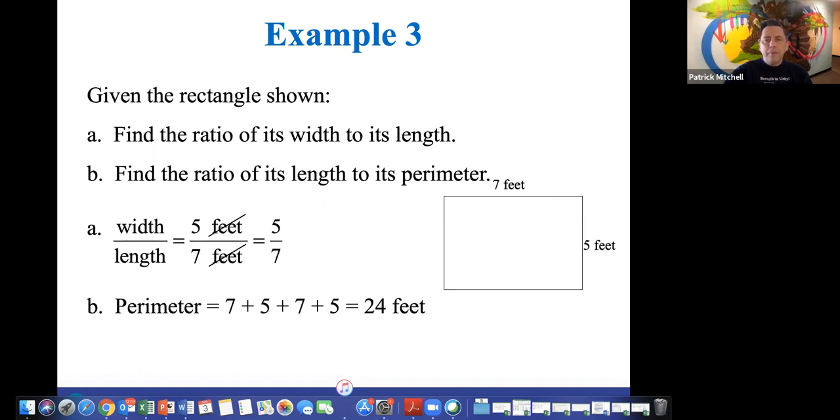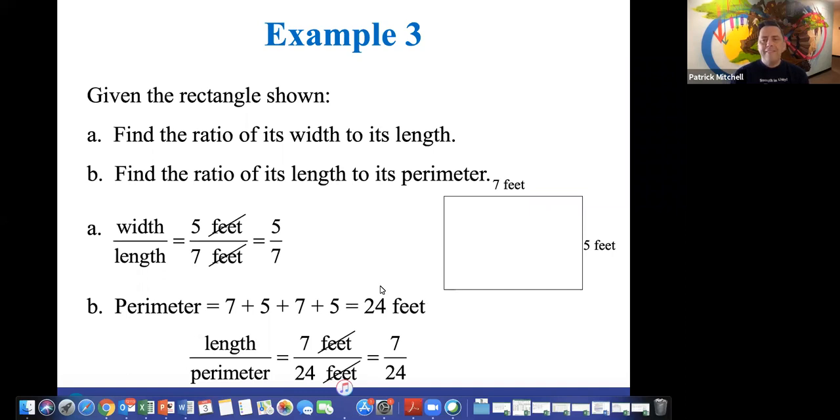So remember that the perimeter of any shape is just the sum of the lengths of all the sides. The perimeter of this rectangle is 24 feet. So to do the ratio of the length to the perimeter, the length is 7 feet, the perimeter is 24 feet. That ratio is going to be 7/24.